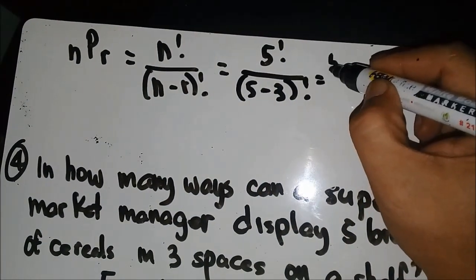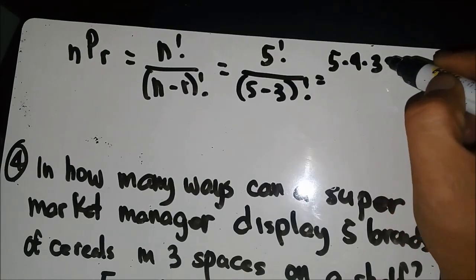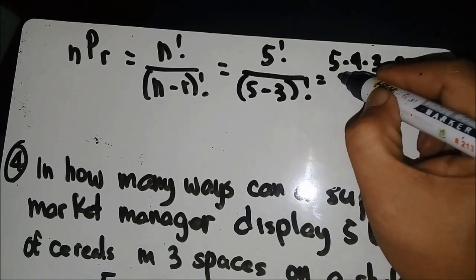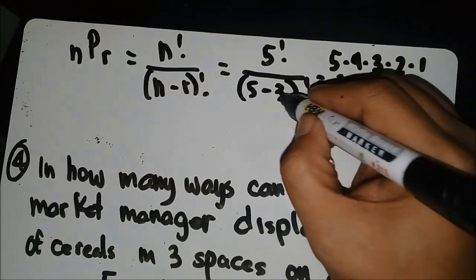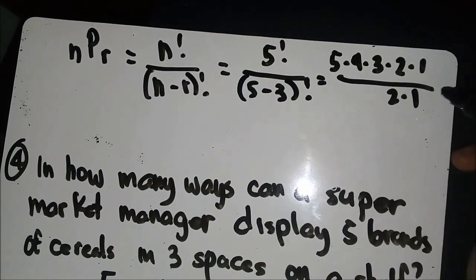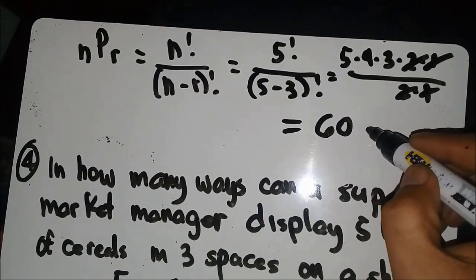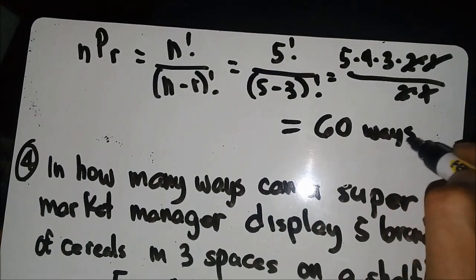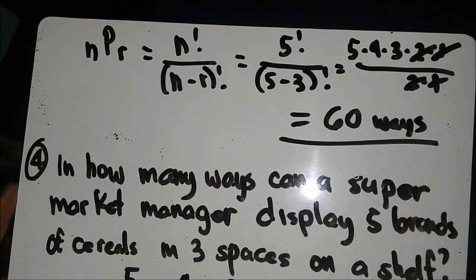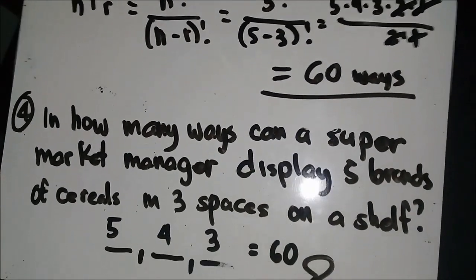And that is equal to 5 times 4 times 3 times 2 times 1 over 2 factorial, which is 2 times 1. This part will cancel out, therefore we have 60 ways or 60 possibilities, same as the slot method.